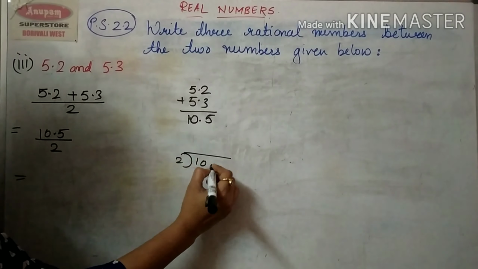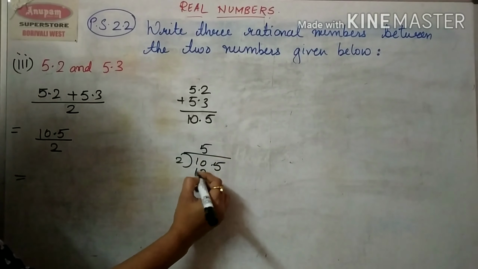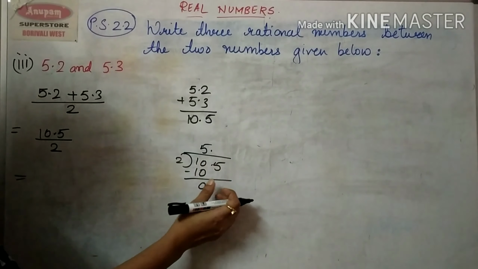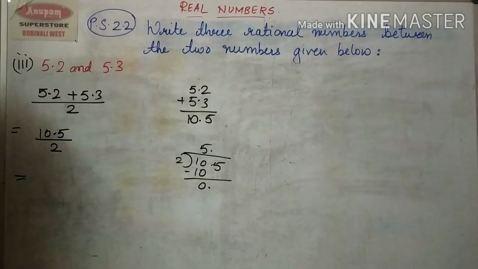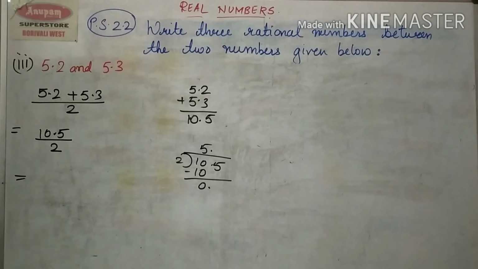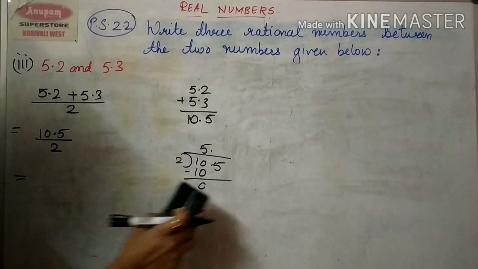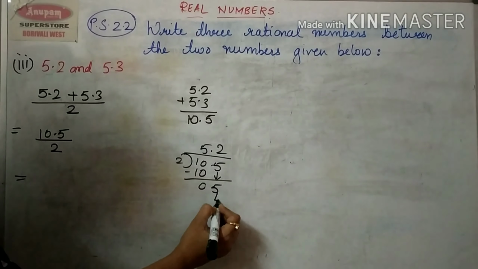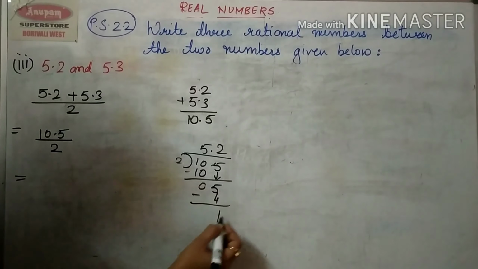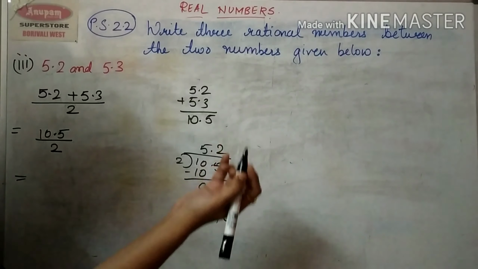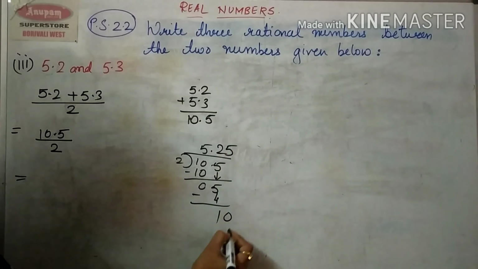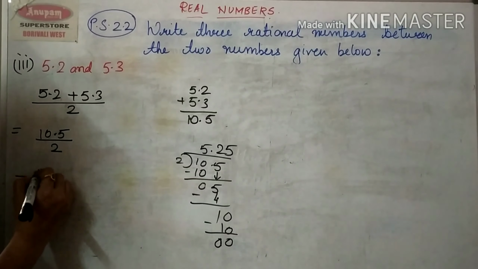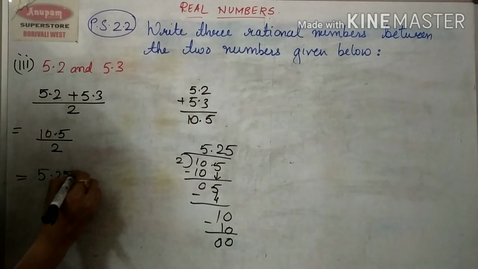If I divide this, 10.5, 2 5s are 10, 0, and this is a decimal point here. I carry 5 down. 2 2s are 4. So remainder will be 1. Since I have a decimal point here, it gives me a liberty to take 0 down. So 2 5s will be 10. And therefore 5.25 is the number.